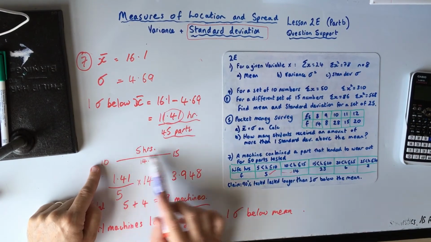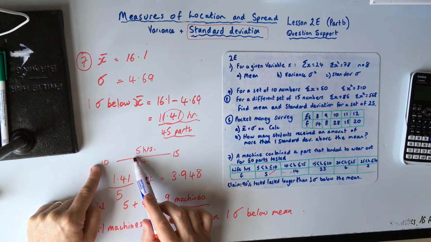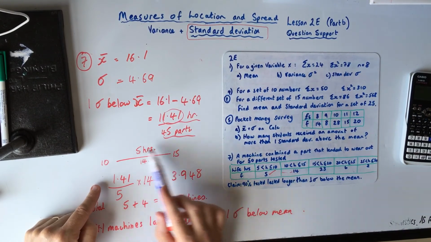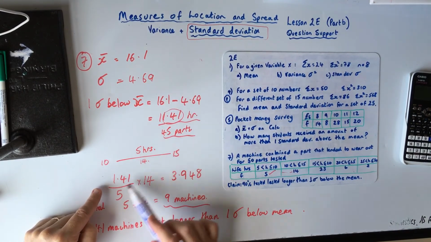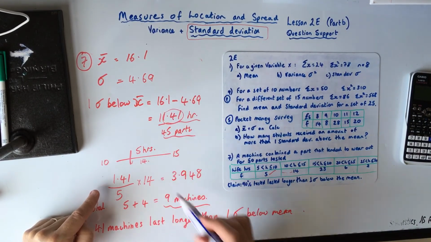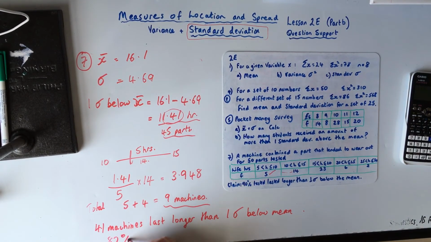We're saying, where is 11.41 in this group? It's 1.41 hours into this group, out of the 5 hours. So that fraction of a group of 14 machines represents 4 machines. So 41 machines, and of course 41 out of 50 is 82%, isn't it?